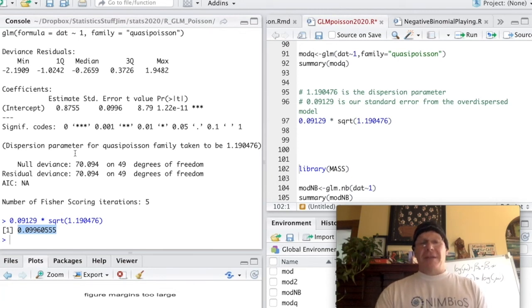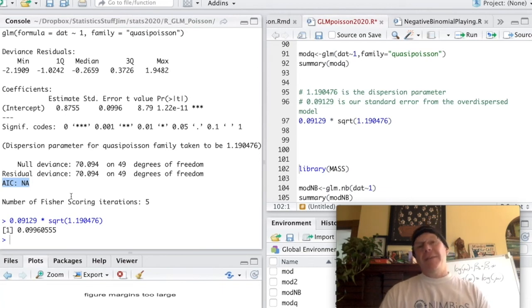Note that our deviance has not changed, and that's because there is no closed form probability mass function for a quasi-Poisson distribution. Rather, we're fitting a Poisson to it, and then the computer is figuring out some penalty term, essentially, which is what the dispersion parameter is. That is why you will not get an AIC when you use a quasi-distribution, because there is no likelihood for the whole model.